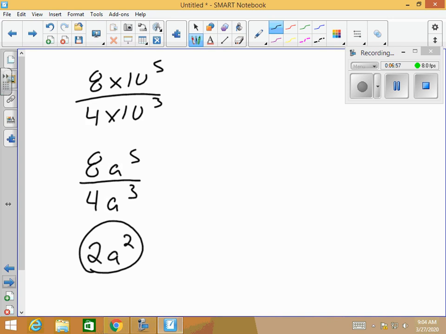That same method still works over here if I keep it in scientific notation. 8 divided by 4 is still 2. I still have more 10s on top by 2. And yes, your book may ask you to change that into standard form. So you take 100 times 2 and get 200. Pretty simple.